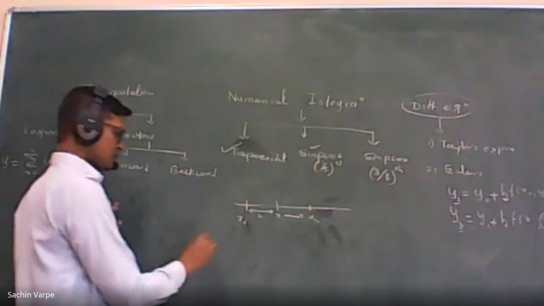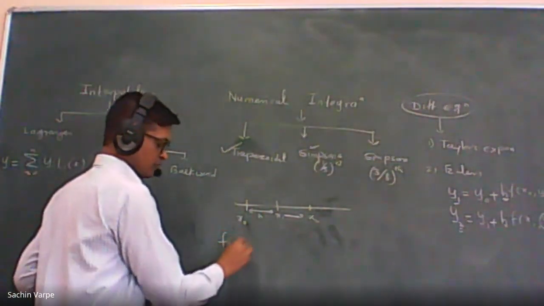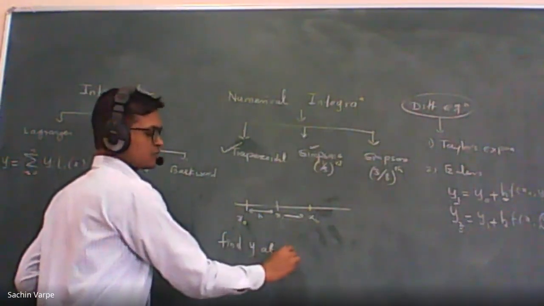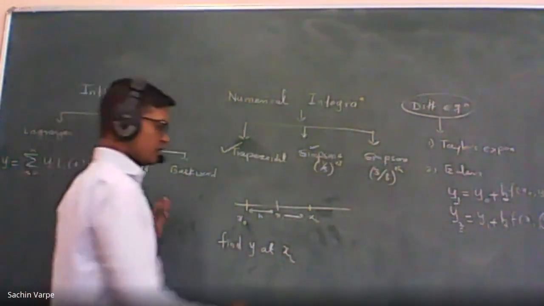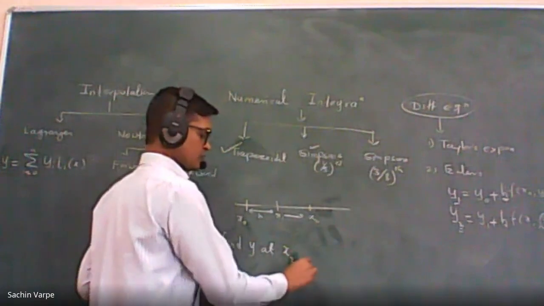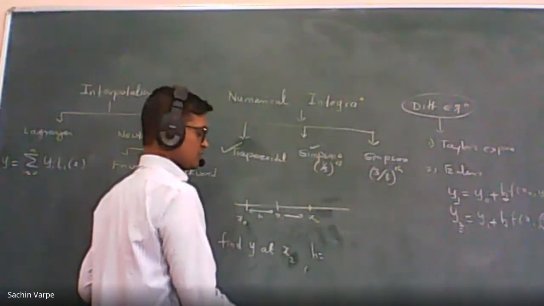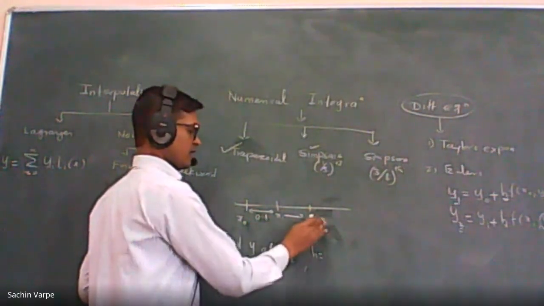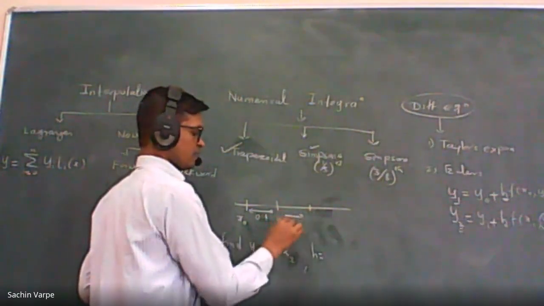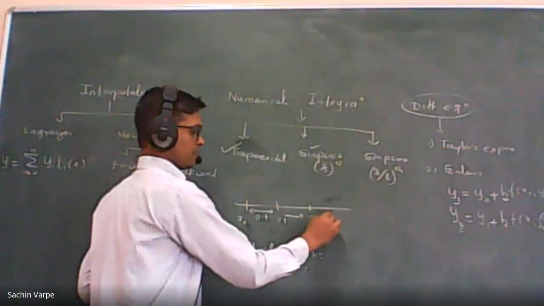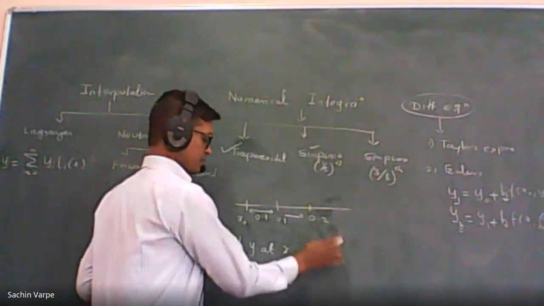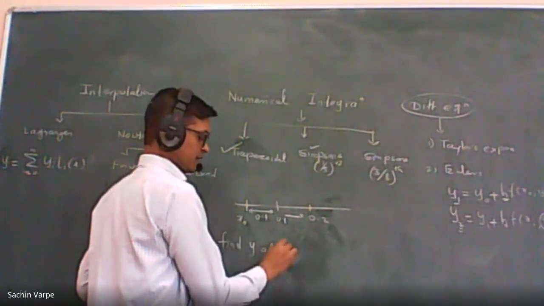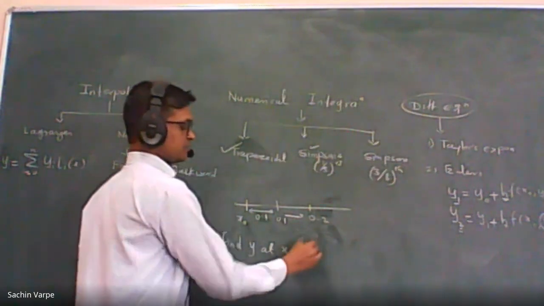In general, if we have been asked to find the value of y at x2, by giving h as, suppose, 0.1, and if we have been asked to find the value of y at x is equal to 0.3.